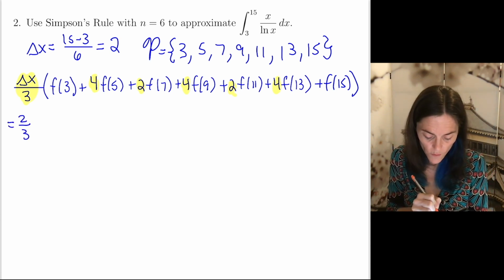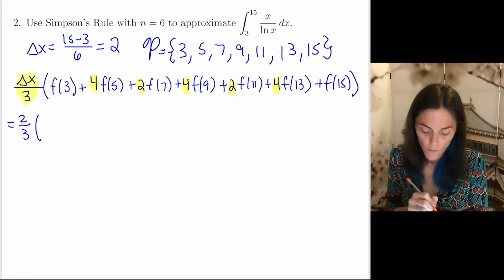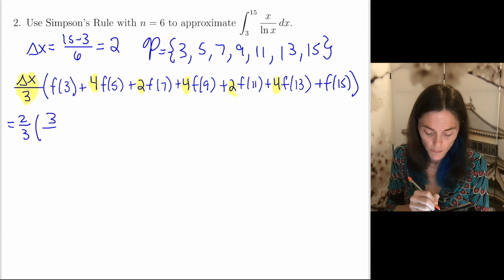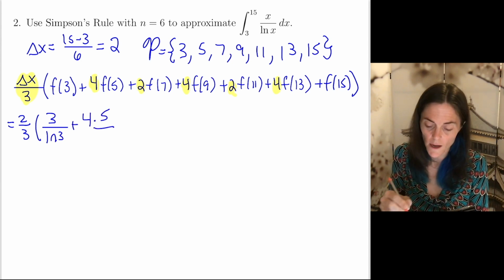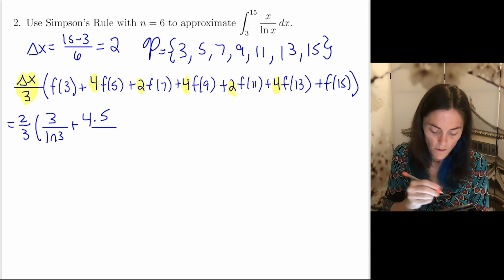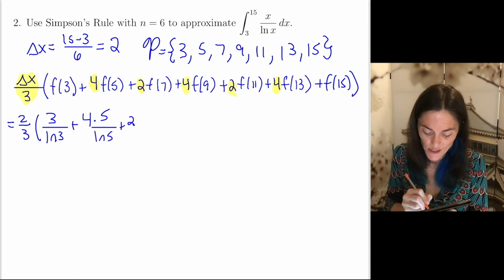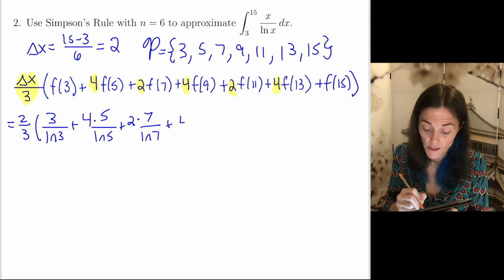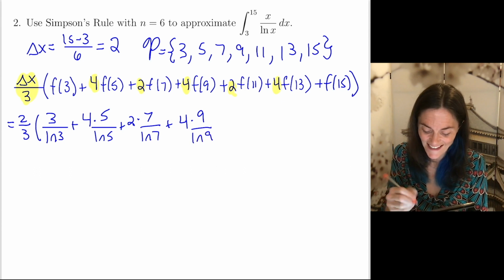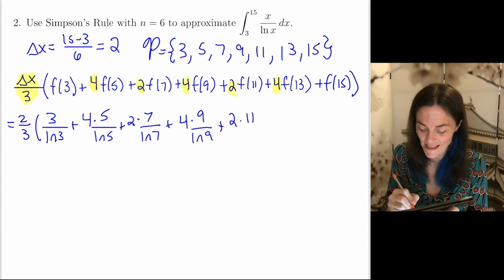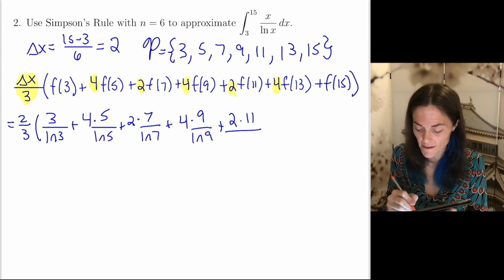This would be 2 over 3. And then we would have 3 over natural log 3, plus 4 times 5 over ln 5, plus 2 times 7 over ln 7, plus 4 times 9 over ln 9, plus 2 times 11 divided by ln 11.